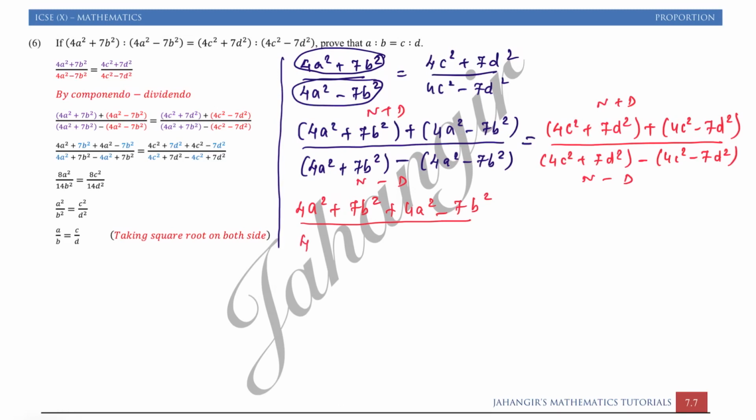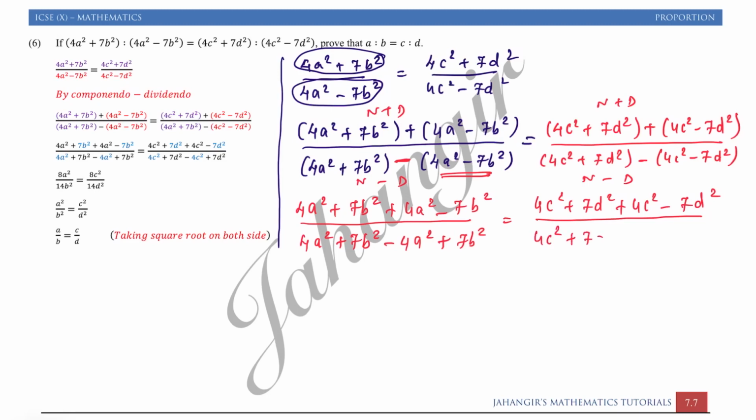In the denominator, while solving the bracket, you should know this minus will always affect this bracket. 4a square plus 7b square minus 4a square minus minus plus 7b square is equal to 4c square plus 7d square plus 4c square minus 7d square upon 4c square plus 7d square minus 4c square minus minus plus 7d square.